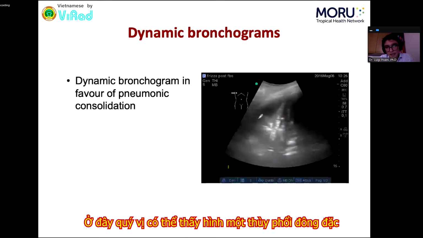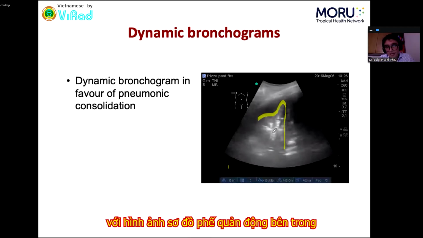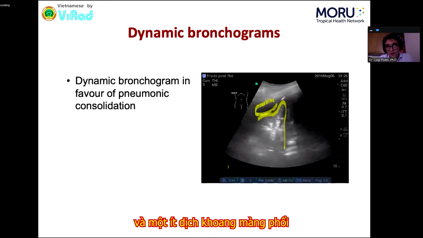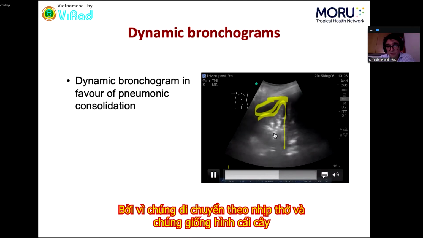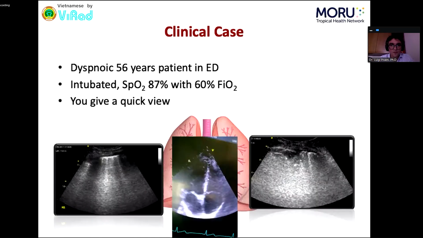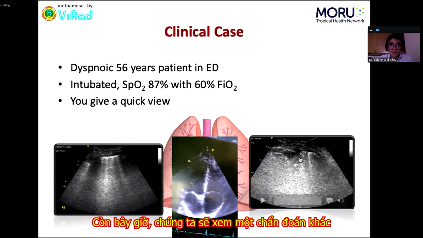Here we see a lobar consolidation with dynamic bronchograms inside and a little bit of parapneumonic fluid. You can see the bronchograms are dynamic because they move and they become like a tree structure with inspiration.